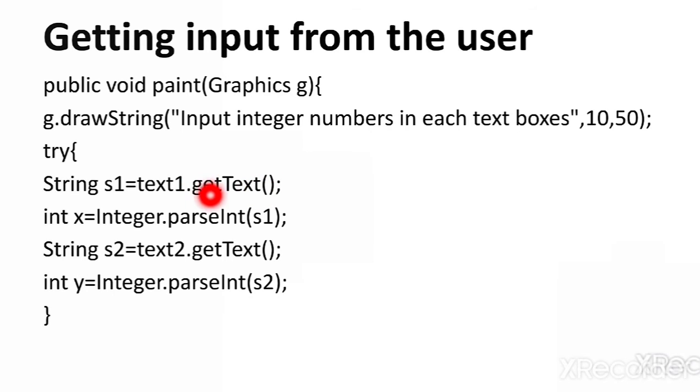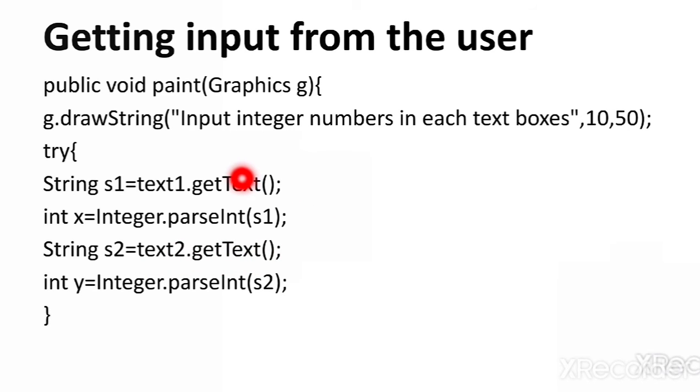So whatever you read from the text box will be a string, and this will be stored in the variable s1. Similarly, you read the value of text box 2 and store it in another string variable, s2. So you write String s2 equals text2.getText.